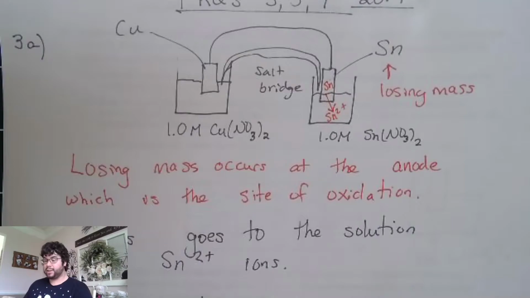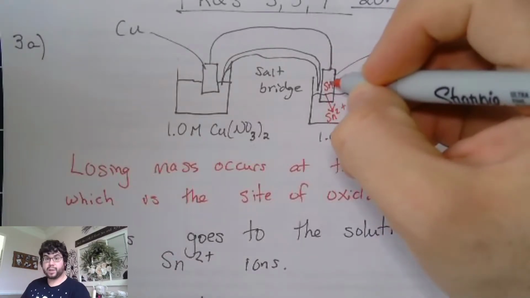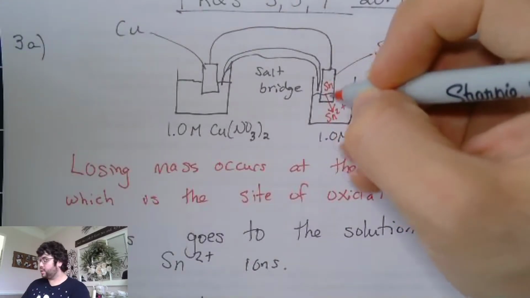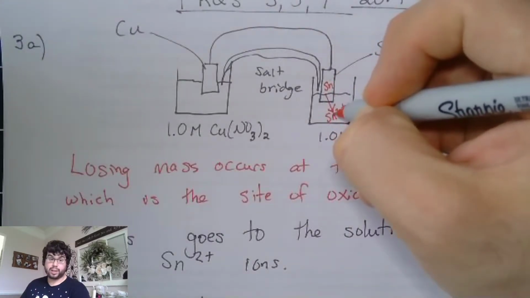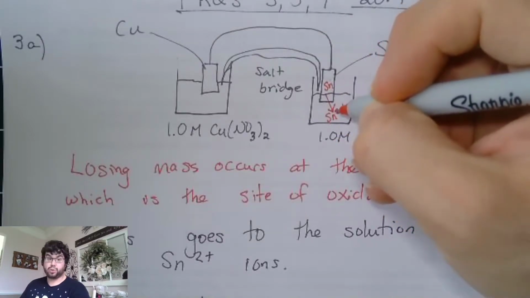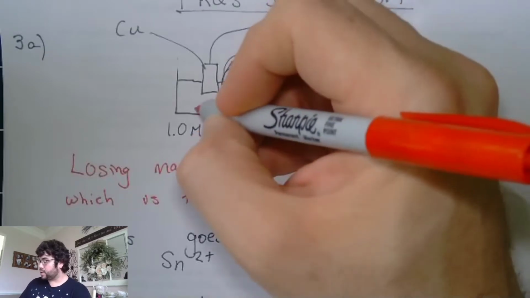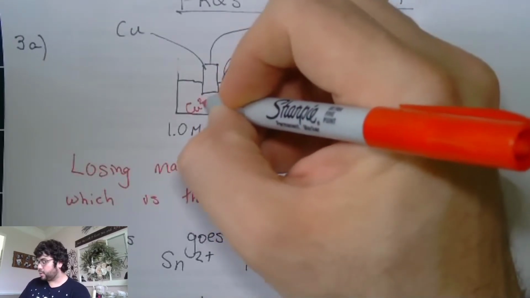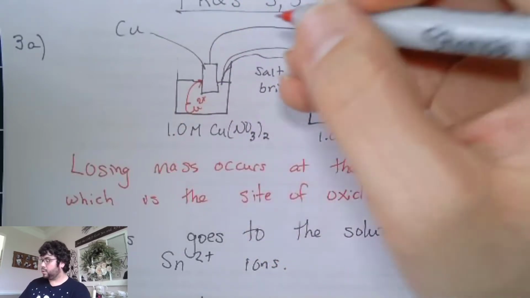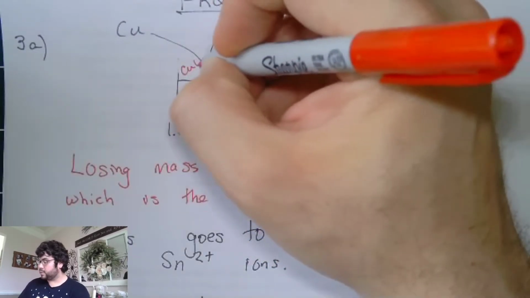They say the tin electrode is losing mass and the copper electrode is gaining in mass. So I know that the tin metal is basically being eaten away. It's being oxidized, it's rusting essentially, and that metal is going into the solution of tin nitrate as tin 2+ ions. They also tell us that the copper electrode is increasing in mass.